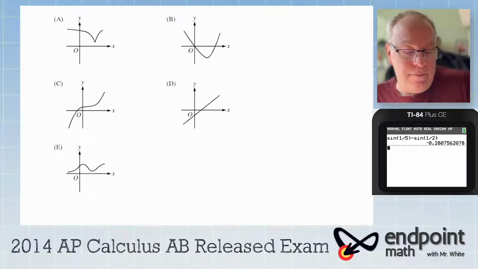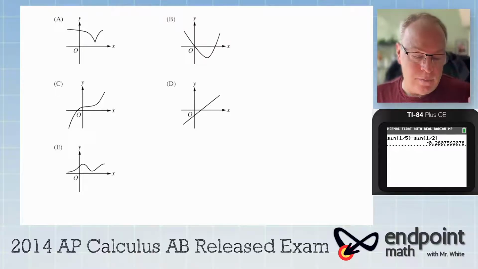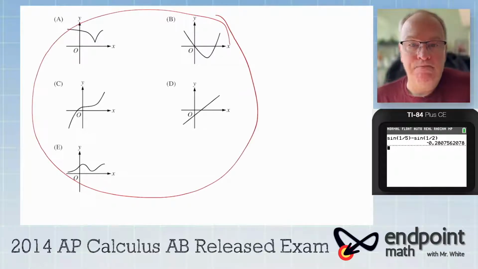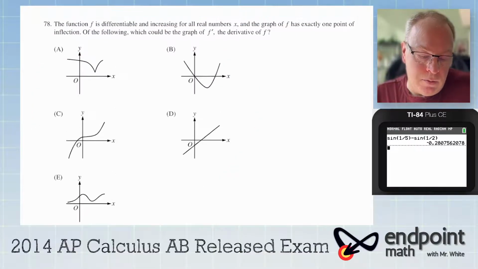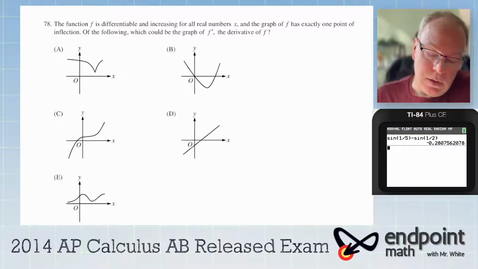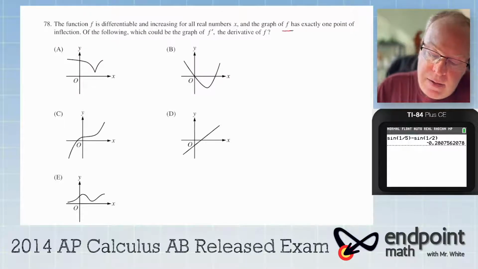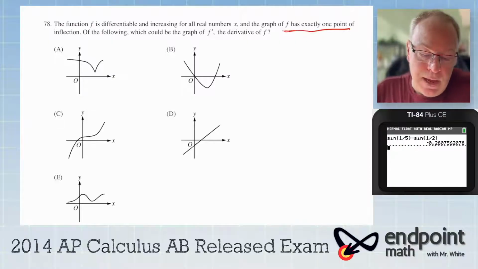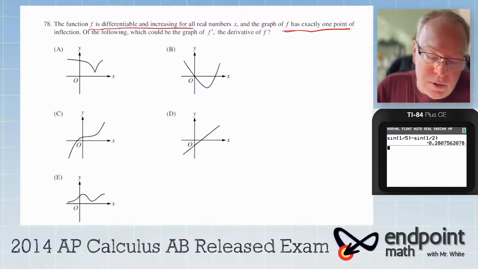The function f is differentiable. Okay, so that means the derivative exists everywhere. So if you look at all these graphs, these are not undefined anywhere, by the way. Okay, the graph of f has exactly 1 point of inflection. And, by the way, it's also increasing.